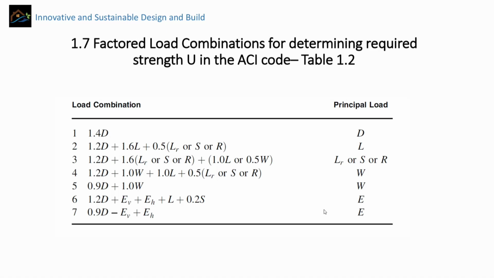And for the wind load, we have a maximum factor of 1. And for the seismic loads, we have components because it acts both horizontally and vertically. So we consider the vertical and horizontal components of the seismic load. If there are snow loads or any other loads, then we consider those as well.